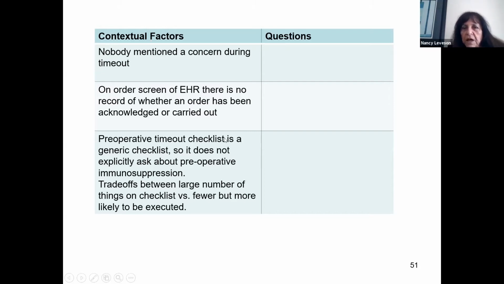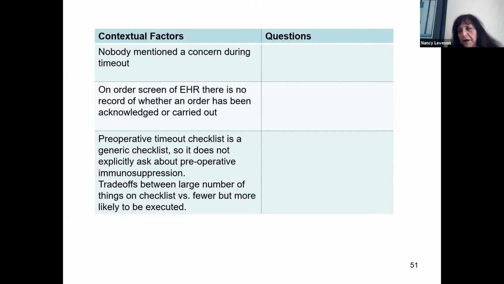The preoperative timeout checklist is a generic checklist, so it doesn't explicitly ask about preoperative immunosuppressant. So it wasn't on the checklist. There's a trade-off. You can put a large number of things on the checklist, since there are a lot of things that would go in for all surgeries, or you can have fewer, but more likely to be executed.